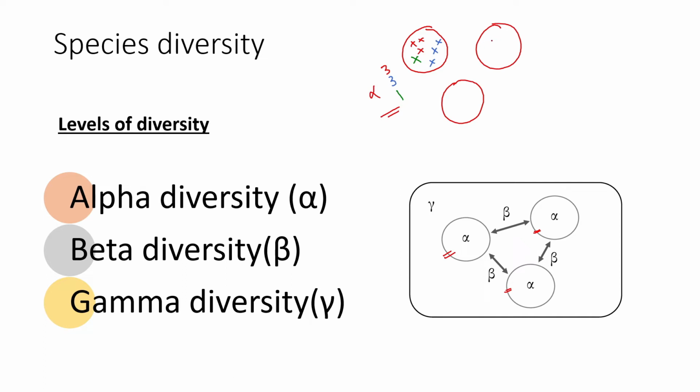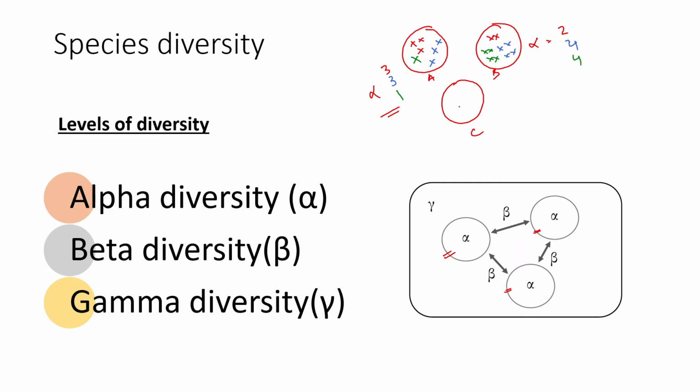Similarly in this area, let's say there are 2 reds, 4 blues and 3 greens. This is the alpha diversity of that region. So let's call these regions A, B and C. For B region, it will be 2 reds, 4 blues and 4 greens.